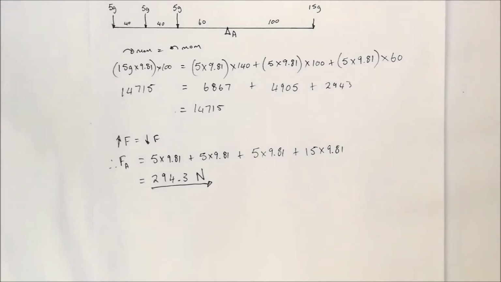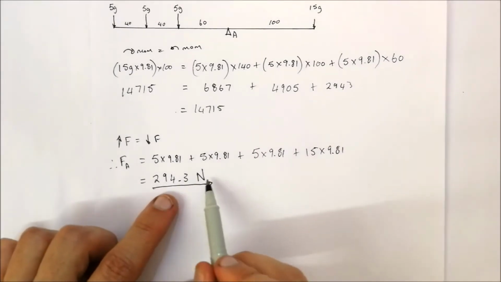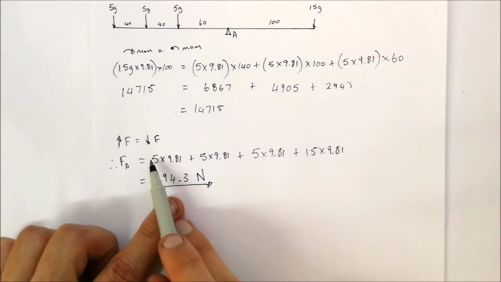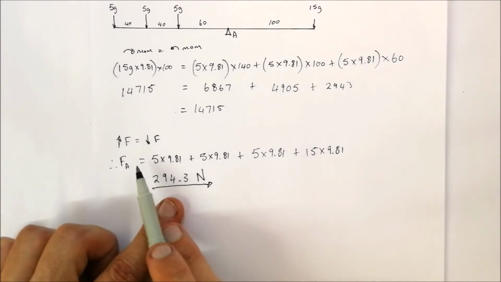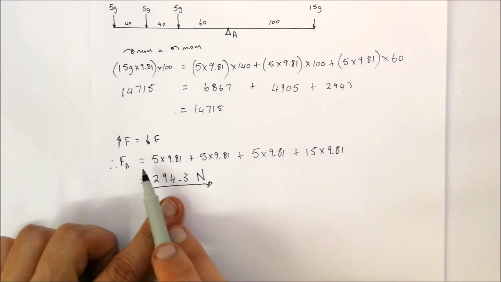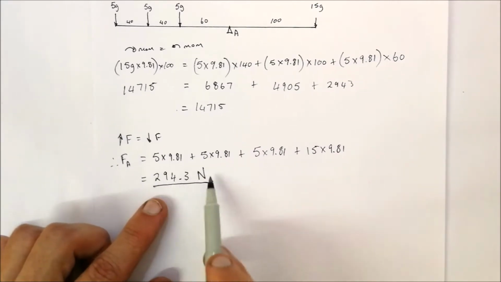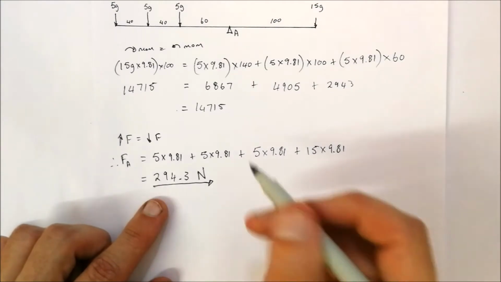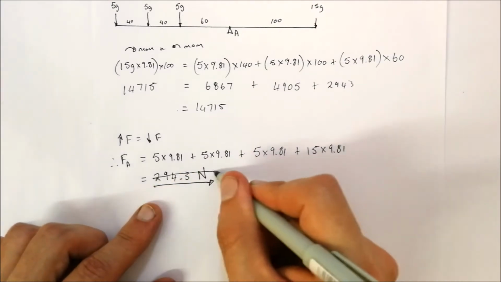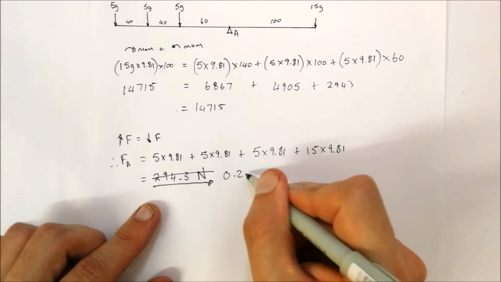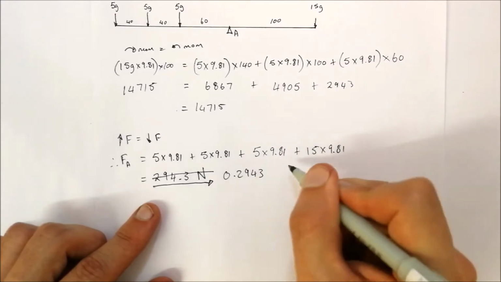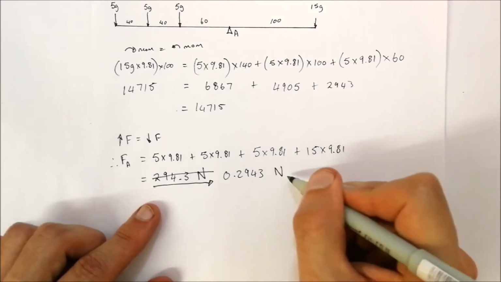Now, that is actually incorrect, because it should take into account that it's 5 kilograms. Remember, force is equal to mass times gravity, and mass needs to be in kilograms. So this is out by a factor of 1,000. In reality, it would be equal to 0.2943 newtons.